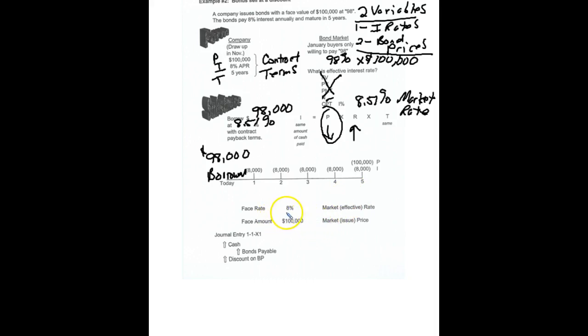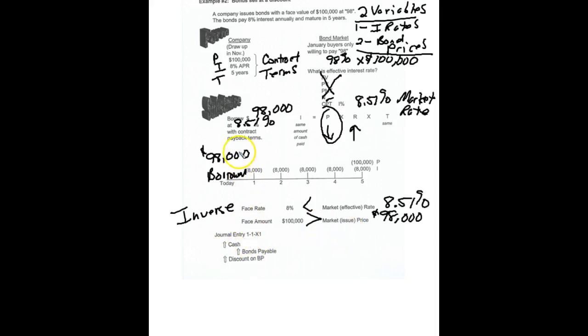Okay, so what we saw, the face rate is 8%. That's less than the effective market rate of 8.51%. And the face amount of $100,000 exceeds the market price of $98,000. So there is an inverse relationship between interest rates and bond prices.